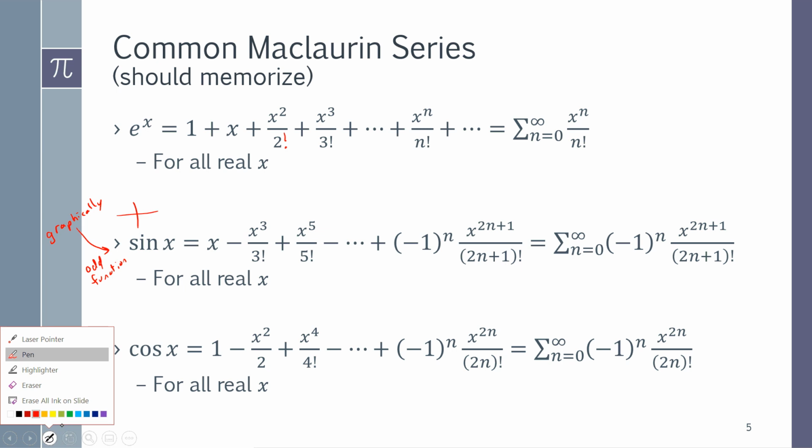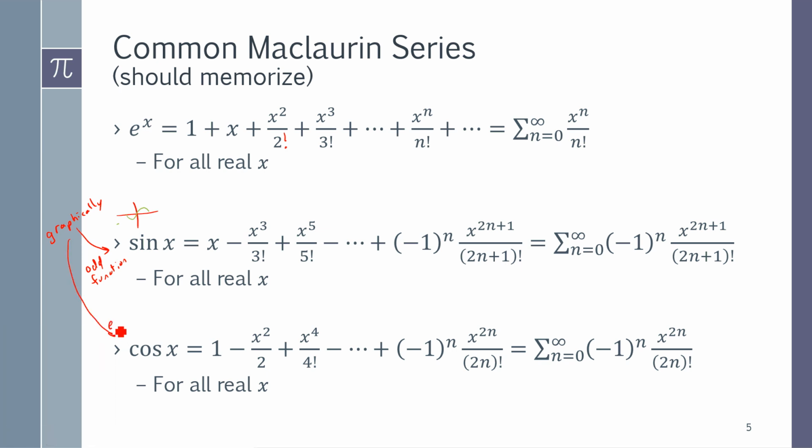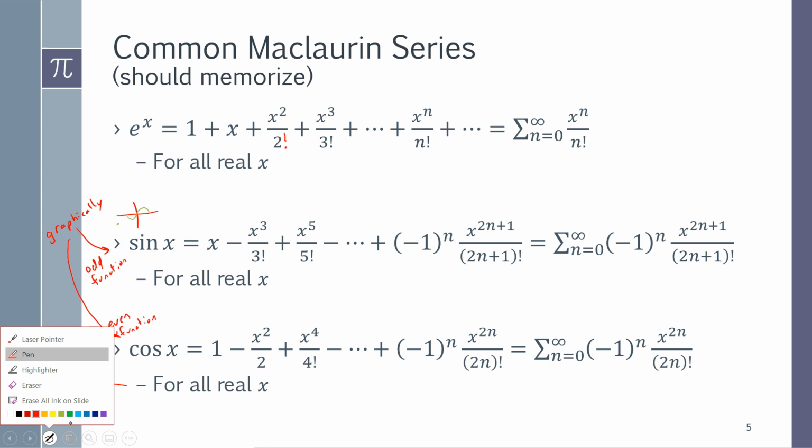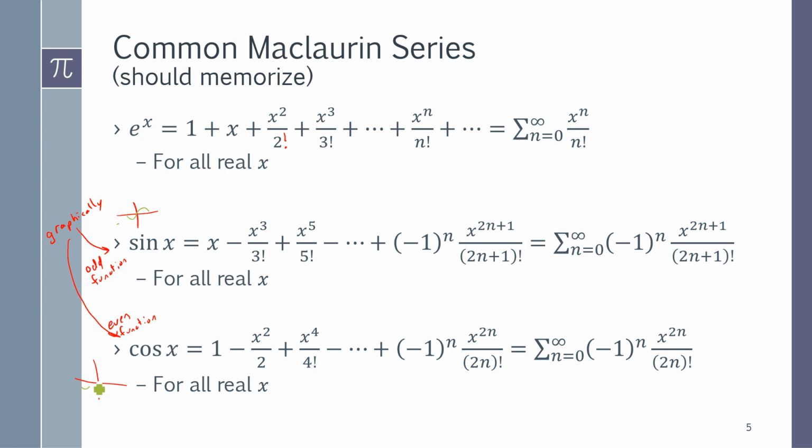So if that's my axes, whereas graphically cosine is an even function, meaning that it is symmetric over the y-axis. And that's how I keep track that for sine, I need the odd exponent and odd factorial. For cosine, I need the even exponent and even factorial, and both of them alternate with that negative 1 to the n.